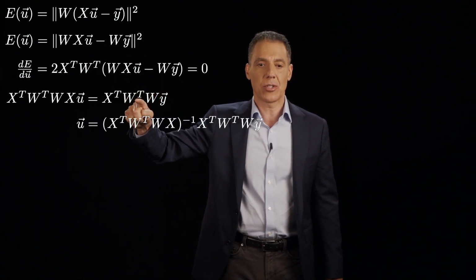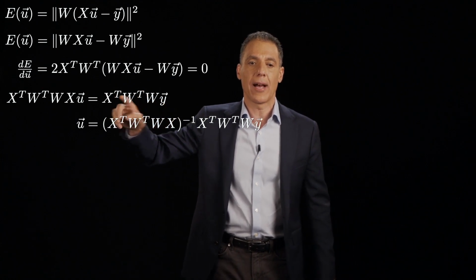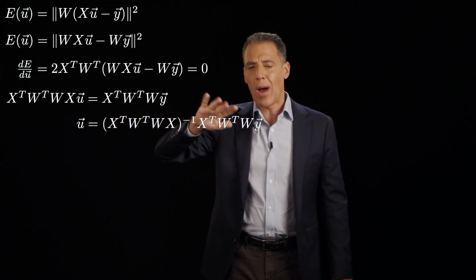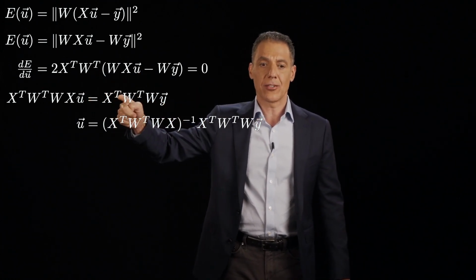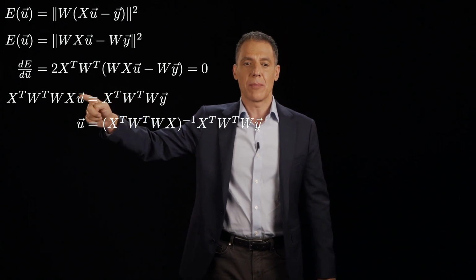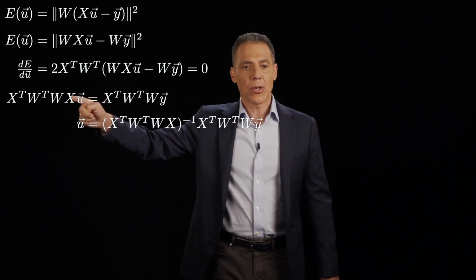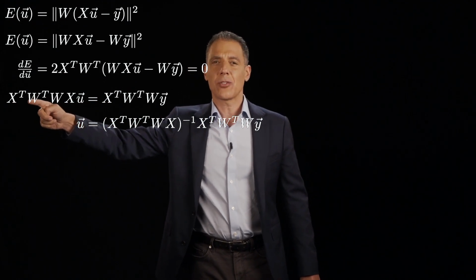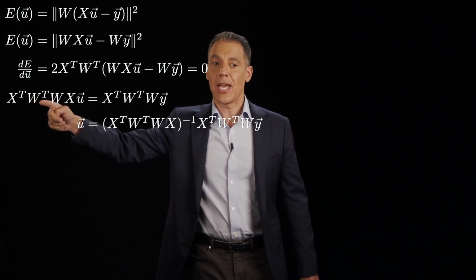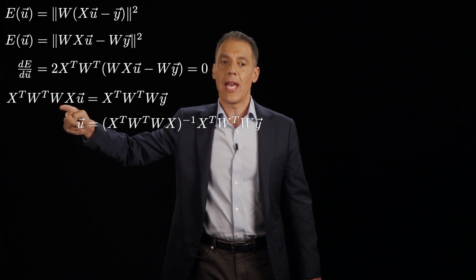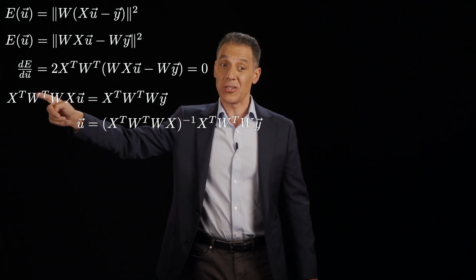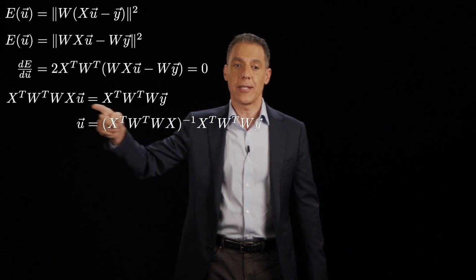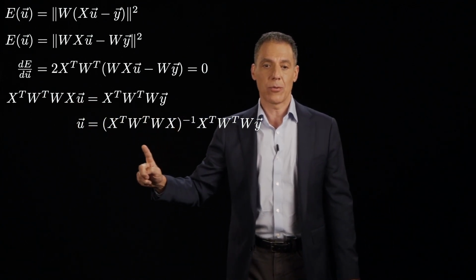So I've got X transpose W transpose Wy on the right-hand side. Why did I move that over? Because, of course, that doesn't depend on u. This depends on u. So now what do I have here? I have this matrix over here. What is X transpose W transpose WX? 2 by n times n by n, n by n, n by 2. Nice. That's still a 2 by 2 matrix, so I can invert it. Let's go ahead and invert it.